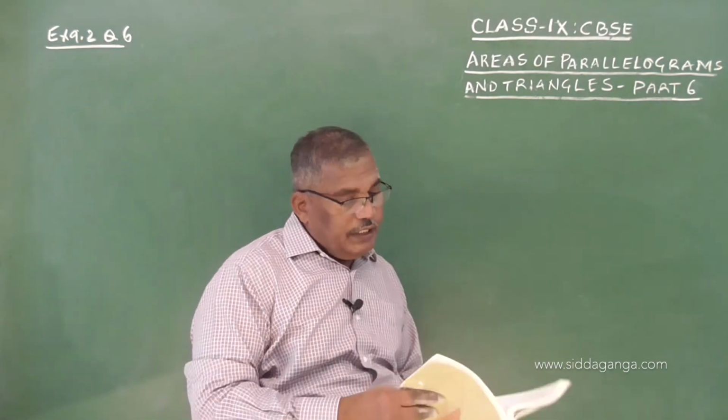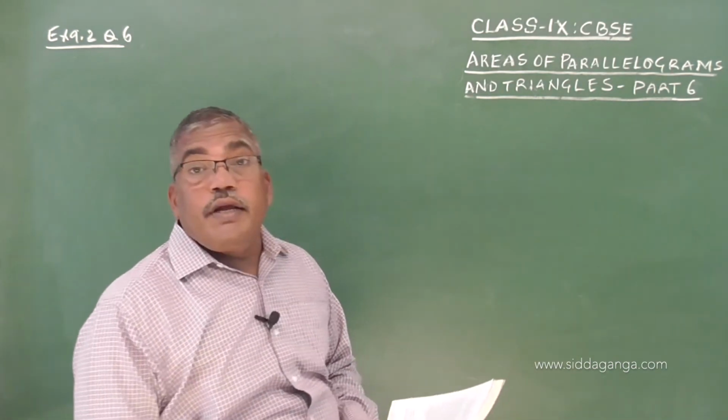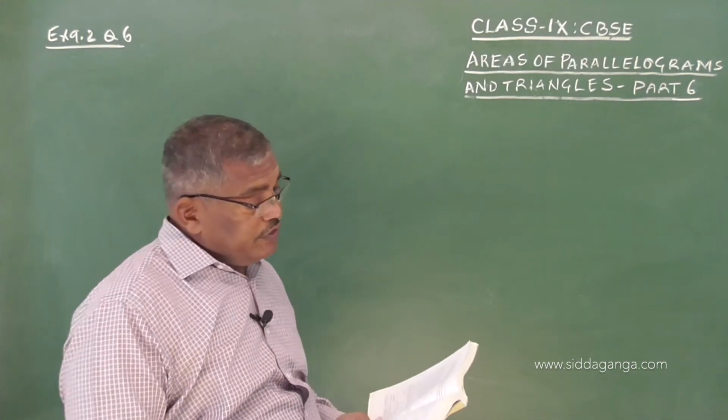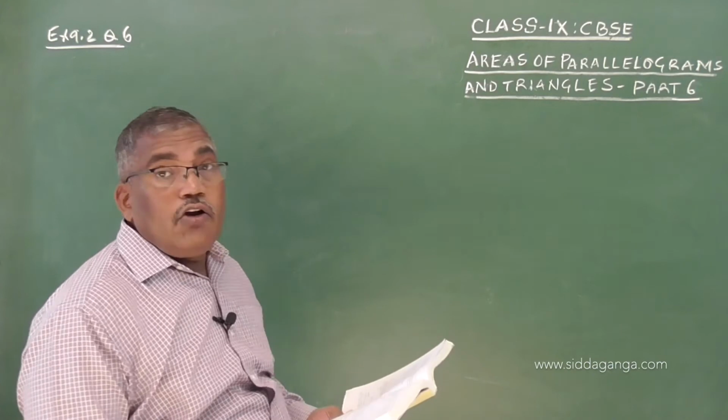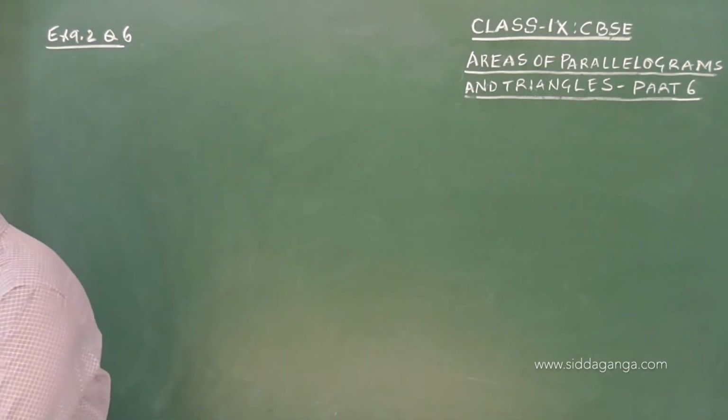So here the figure is not given, we have to prepare this sketch. A farmer was having a field in the form of a parallelogram PQRS.